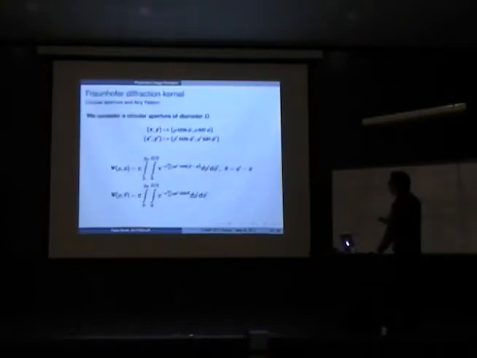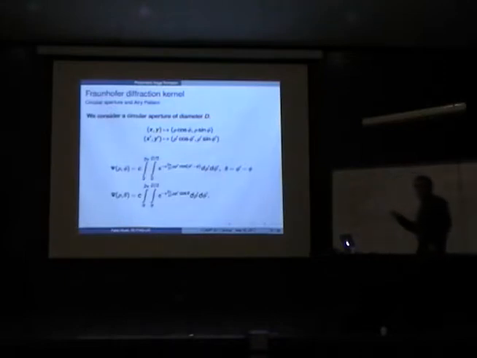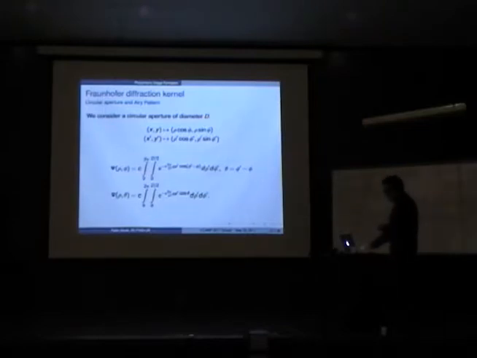So, as a first approximation, I'm interested in circular apertures. If I do this change of variables to polar coordinates, this is very simple to compute. So, we have an aperture of diameter d.